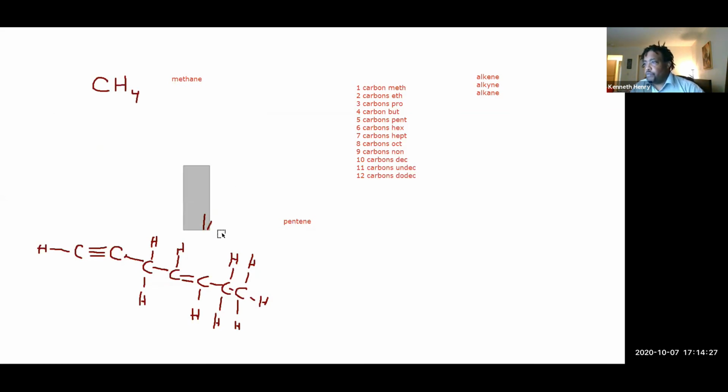I'll draw the one that's at the bottom since it's bigger. So for every carbon, if it's a triple bond, we just draw the triple bond. You don't use any of the H's. So that represents a carbon bonding to another carbon with a triple bond. Then we draw that single bond.